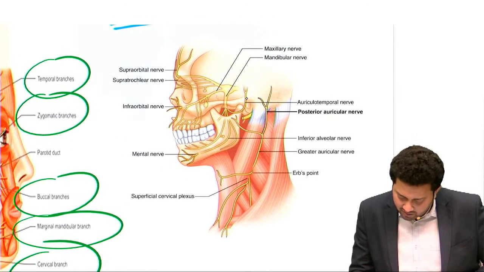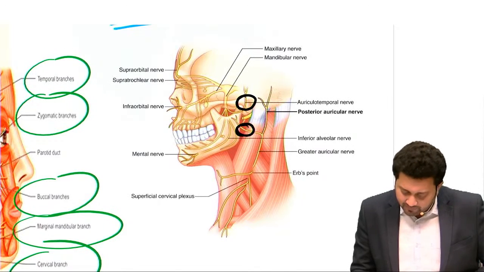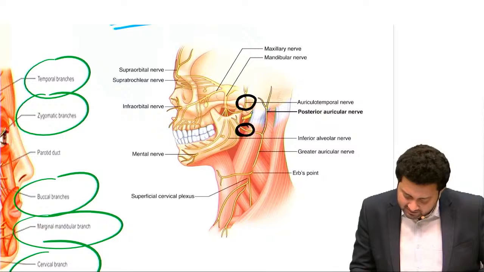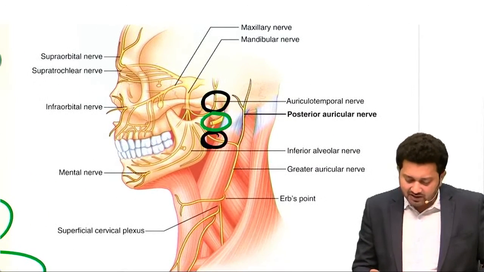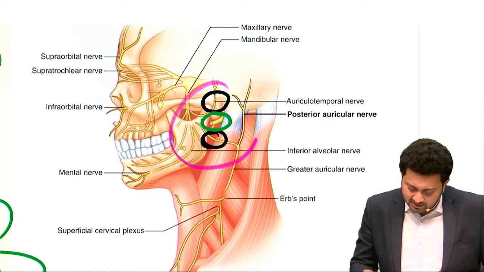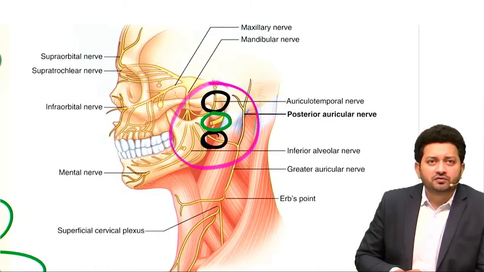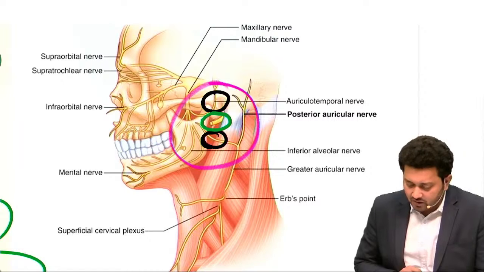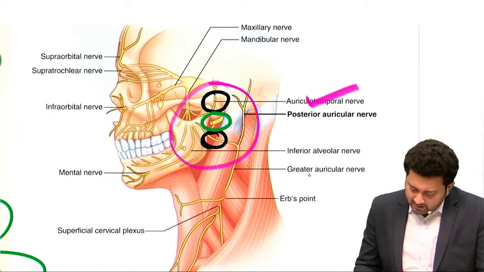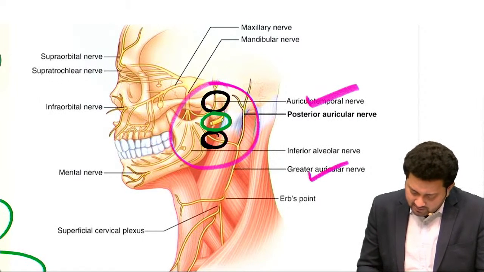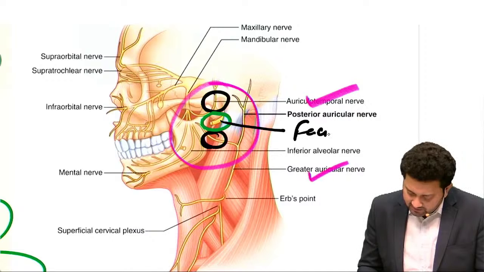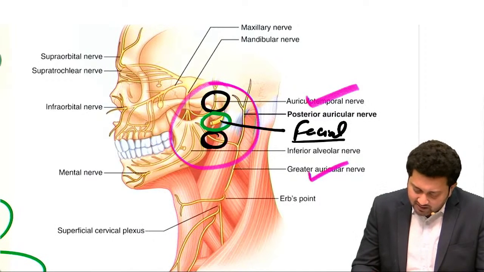Can you see the auriculotemporal coming here? Greater auricular going here. And this is the area. This is facial, I am marking with green. These are the 3 nerves, and obviously the parotid is present in this area. So when you do surgery, these 3 nerves, auriculotemporal, greater auricular, and this one they have not written, I'll write facial, are at risk of injury.